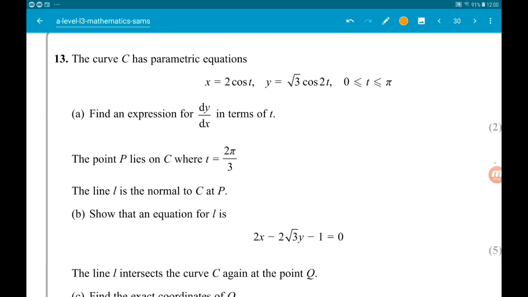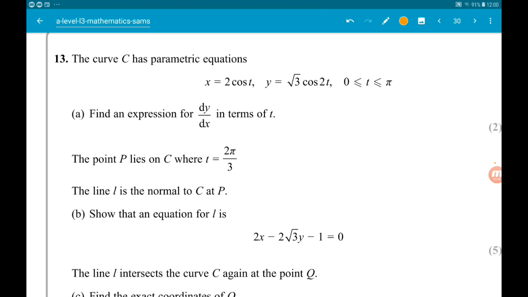Okay, number 13, we have more fun with parametric equations. So the curve C has parametric equations x equals 2 cos t and y is root 3 cos of 2t, where t is greater than or equal to 0, less than or equal to pi. Part A, one says to find an expression for dy by dx in terms of t.